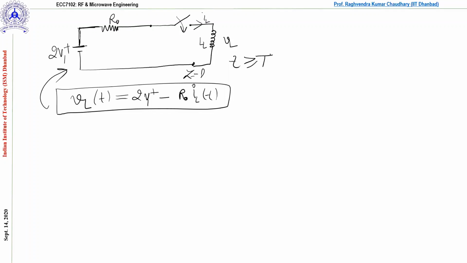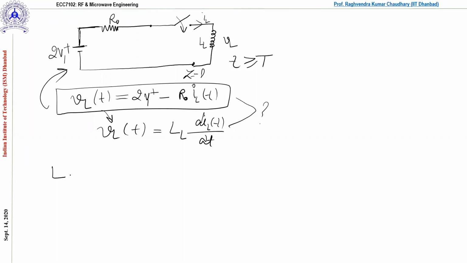Now, because we already have one relation, which is VL as a function of time equal to L_L dIL as a function of time over dt, with these two we can make a very important equation. This is a first order differential equation. It is better to write it in terms of IL. Just replace VL with this term, and we get a very nice form.